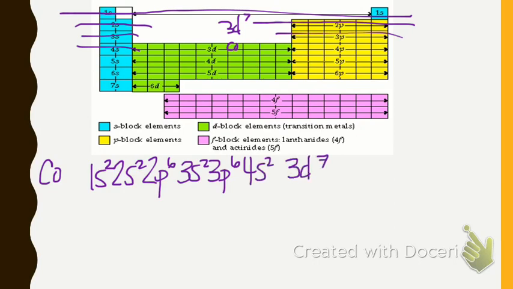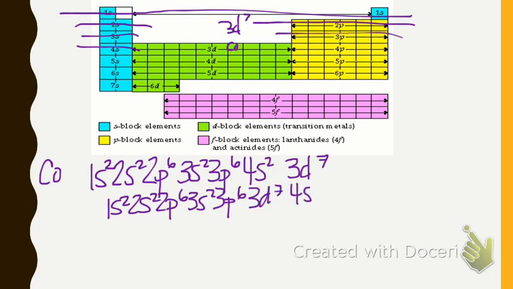Now, in Chem 1, I made you just write it like this, the order that it fills. But in AP, I'm going to ask you to rearrange those in the order that they keep their energy levels together. So we would rewrite that as 1s2, 2s2, 2p6, 3s2, 3p6, 3d7, and 4s2.